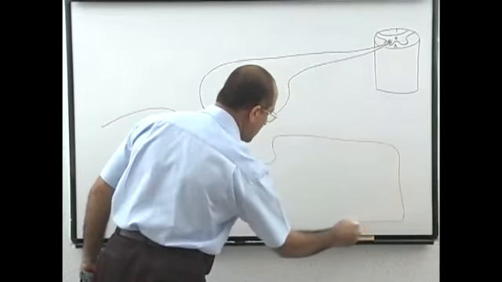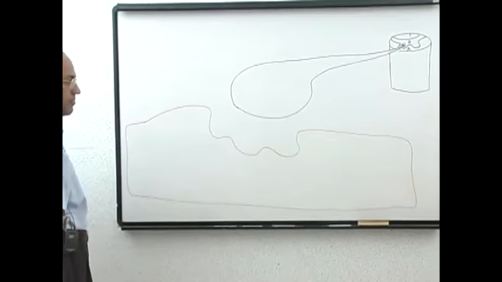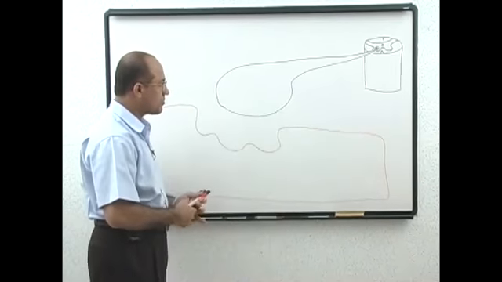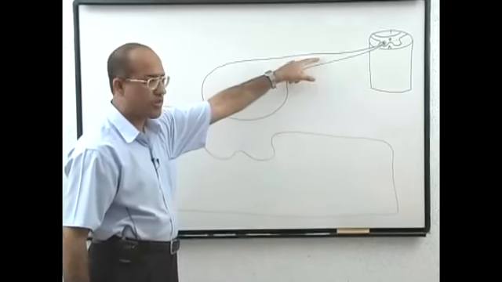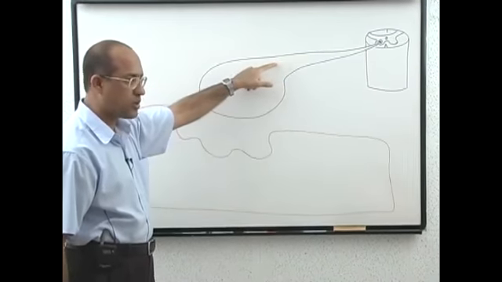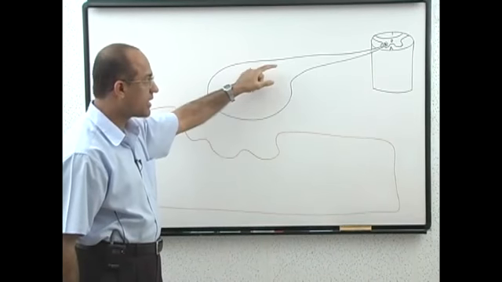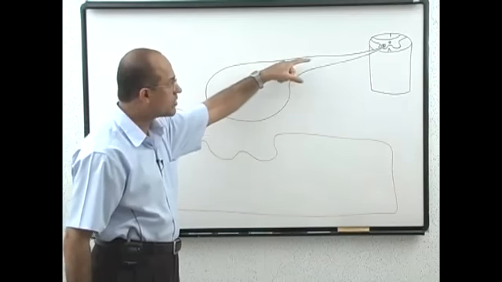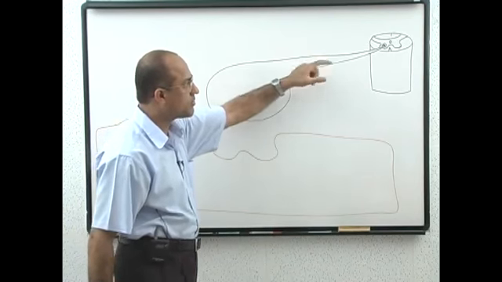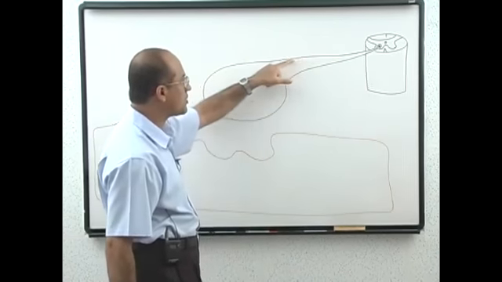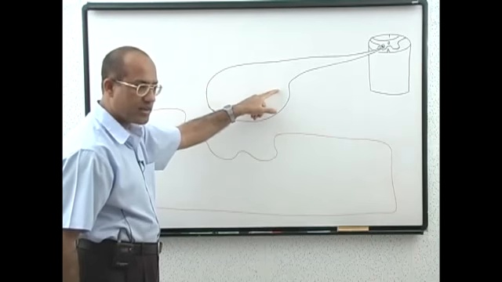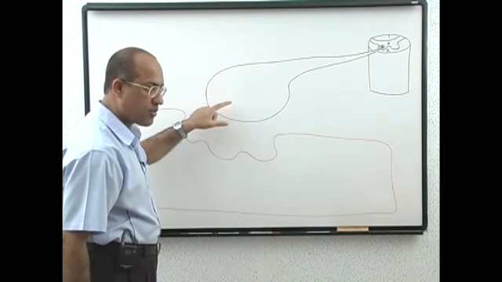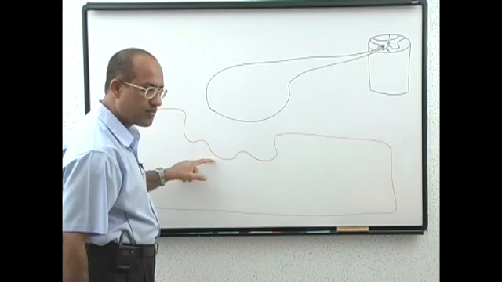Now what we have to learn today is how action potentials coming on the motor neurons, bringing electrical signals, reach the nerve ending and take the stimulatory information from the nerve ending to the muscle.